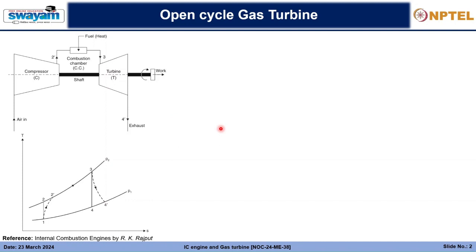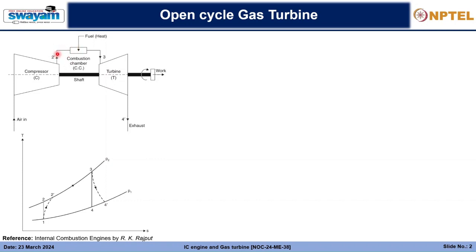That means that there is some amount of energy still left in the exhaust gases that could have been utilized to gain efficiency or to gain net work output from the gas turbine, but that is left unutilized. So there are certain cycles like regenerative open cycle gas turbine cycles, where they utilize this heat energy from the exhaust in order to increase the temperature of the compressed air before the combustion chamber.